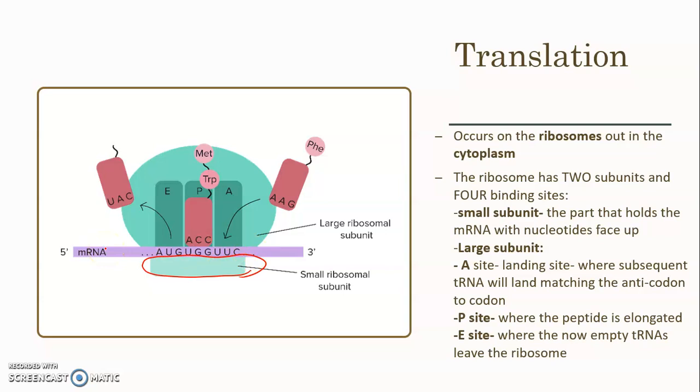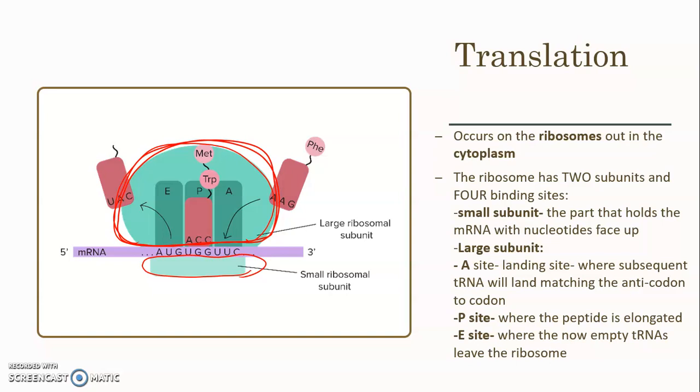It's going to hold that mRNA, again, with the nucleotides facing up, because essentially those nucleotides have to face up into the large subunit, which is this part right here. Again, if the nucleotides were to be facing down, they would be stuck in the small ribosomal subunit, and they would not be able to be read by the large subunit.